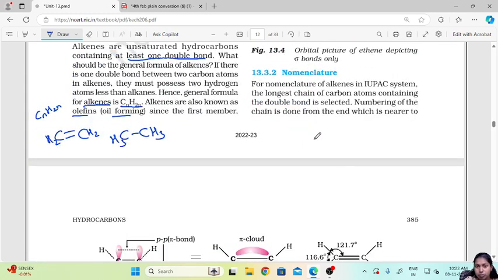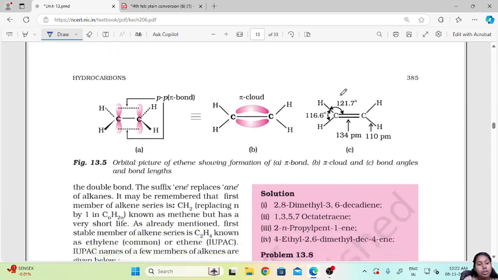Now nomenclature. For nomenclature of alkenes in the IUPAC system, the longest chain of carbon atoms containing the double bond is selected. So as usual, you have to select the longest chain, but this chain should contain at least one double bond. The numbering of the chain is done from the end which is nearer to the double bond.